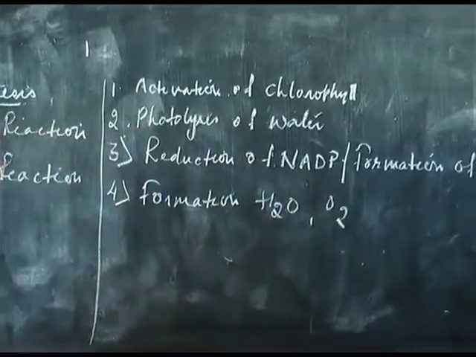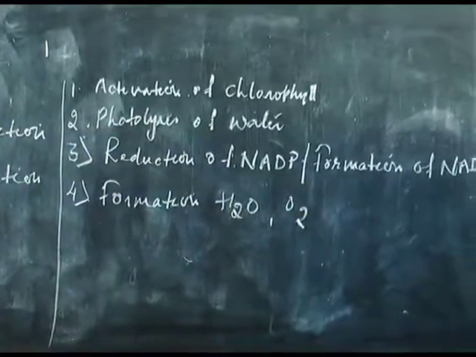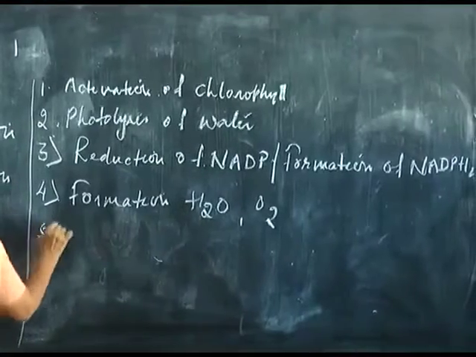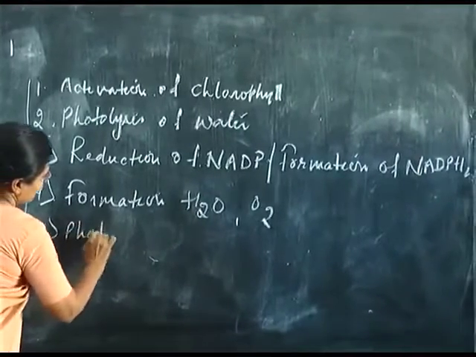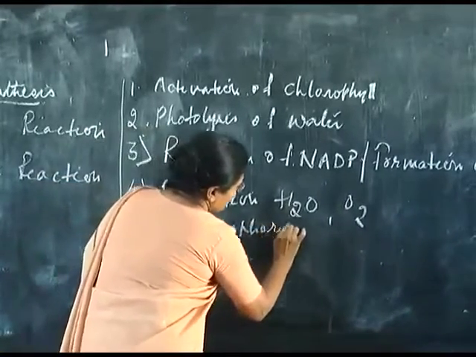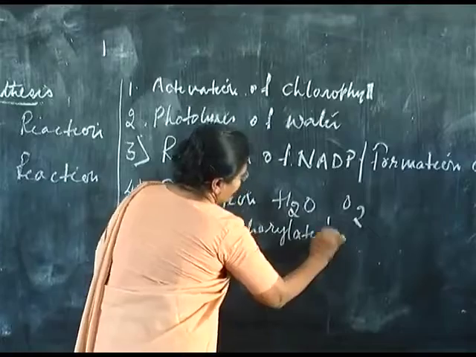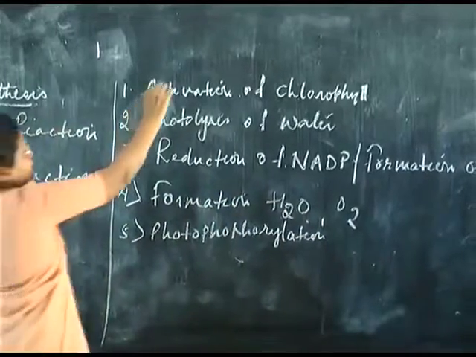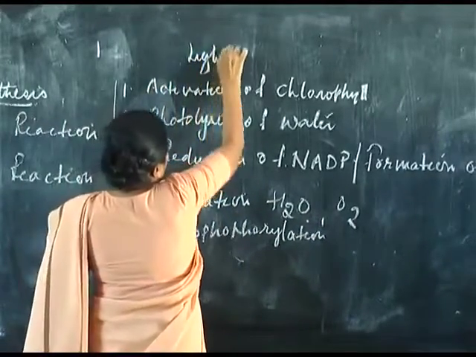I'll give you the overall chemical equation thereafter. Number 5, photophosphorylation. Now these are the 5 steps of your light reaction.